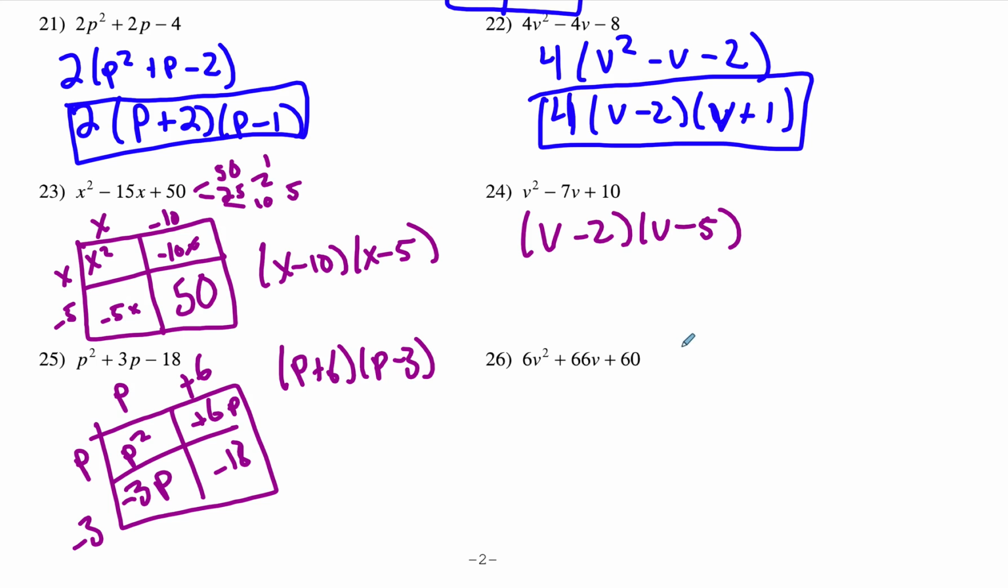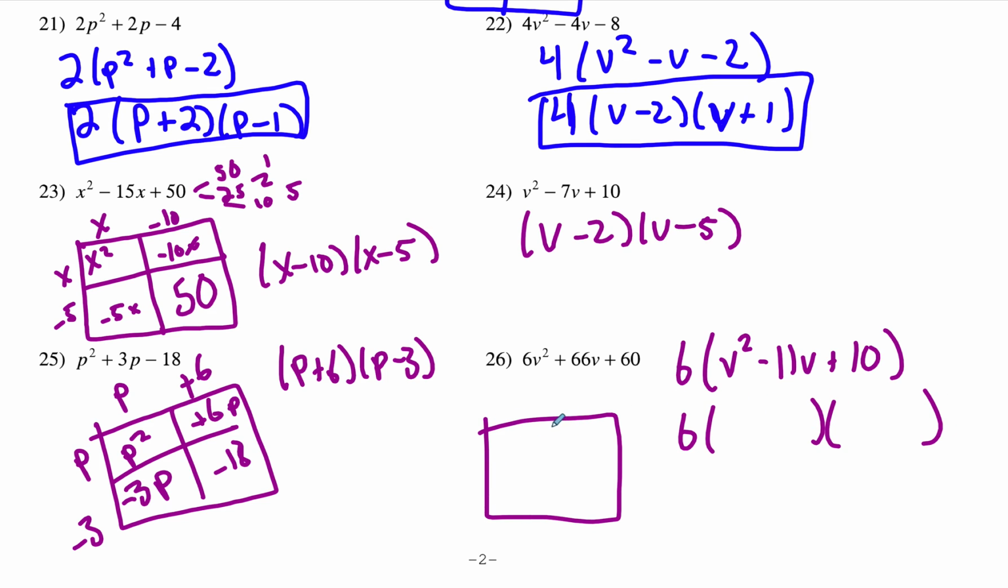Okay? Finally, take out the greatest common factor. First, you check for it. This has a 6, this has a 6, this has a 6. So remember, you really want to check to see if everything is divisible by a. Because if it is, that's a good sign. Okay? And now, set this up.